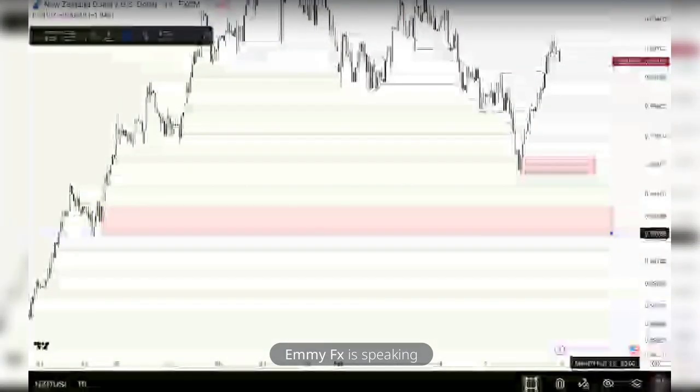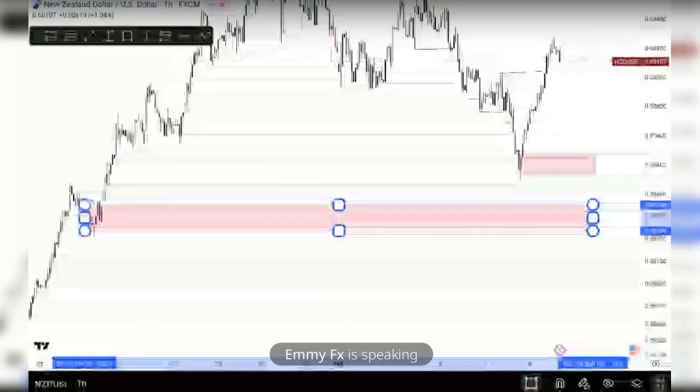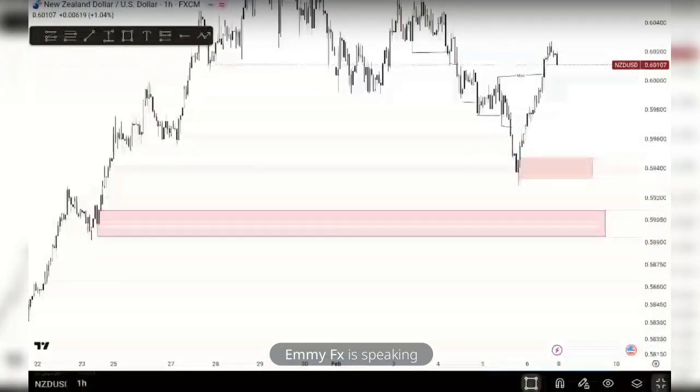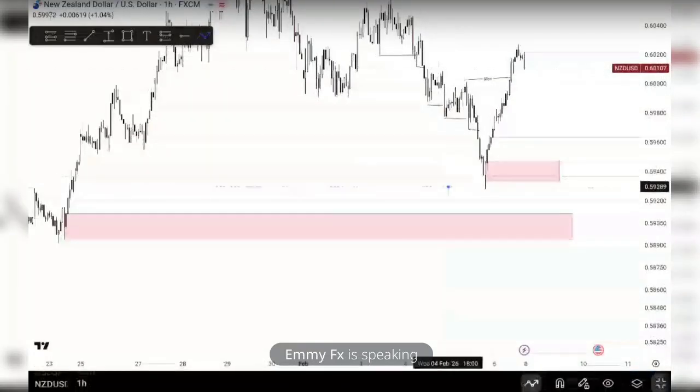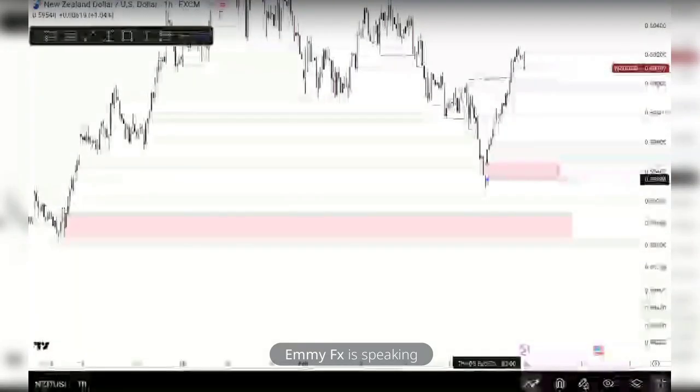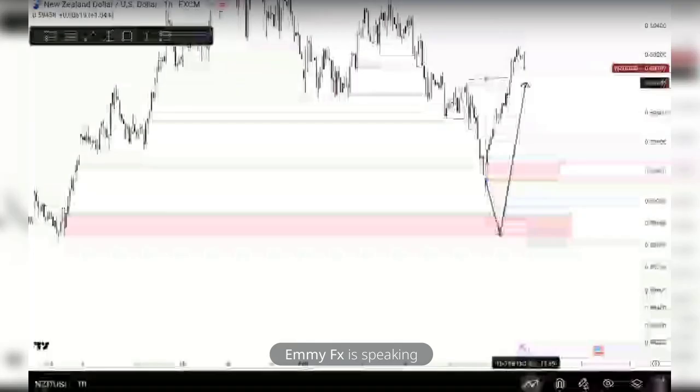You should just watch what the market is doing, because usually we want the market to return back to this order block, but the market did not return back to this order block. So that order block is sitting full of liquidity.